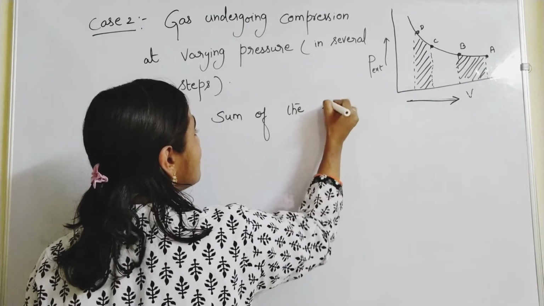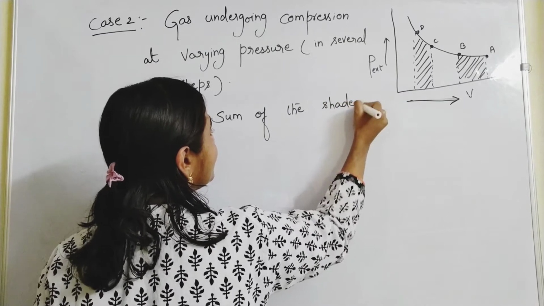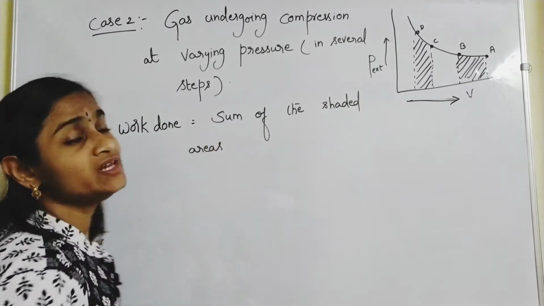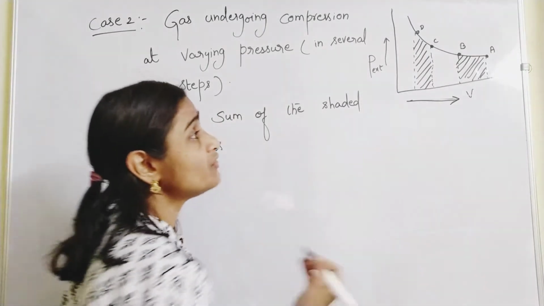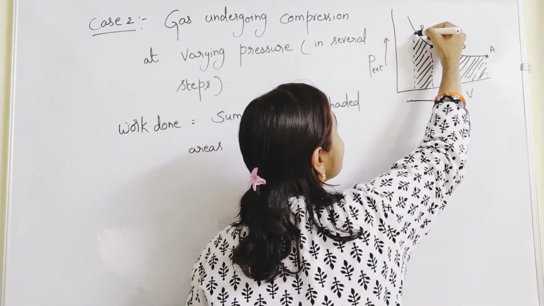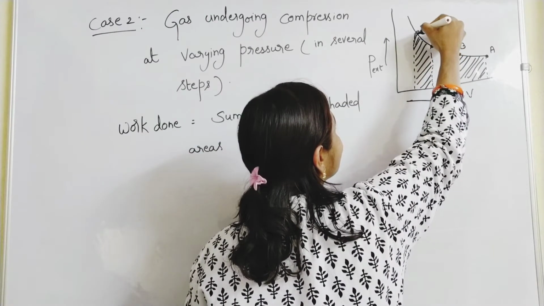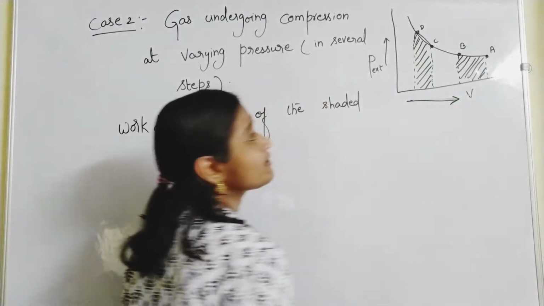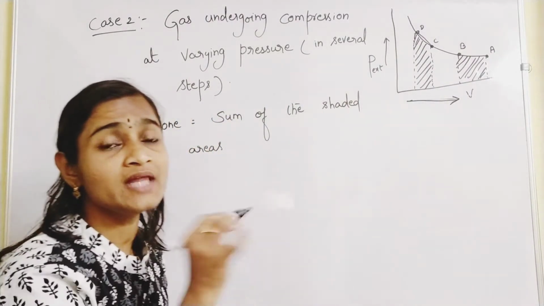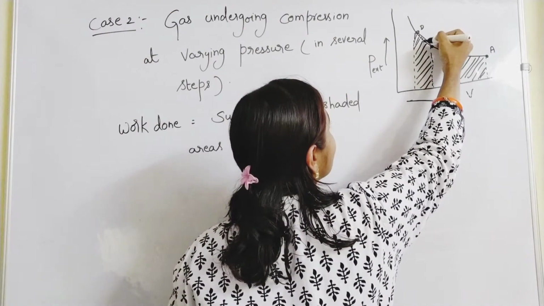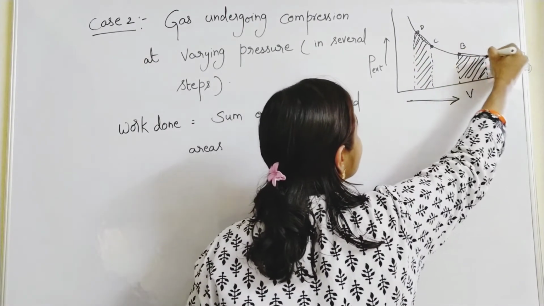Better I write: sum of the shaded areas will give you the amount of work done. How do you calculate the sum of these shaded areas? This shaded region, how do you calculate? You can draw a straight line there. Okay, you can join those 2 points and this part will now look like what? A trapezium.